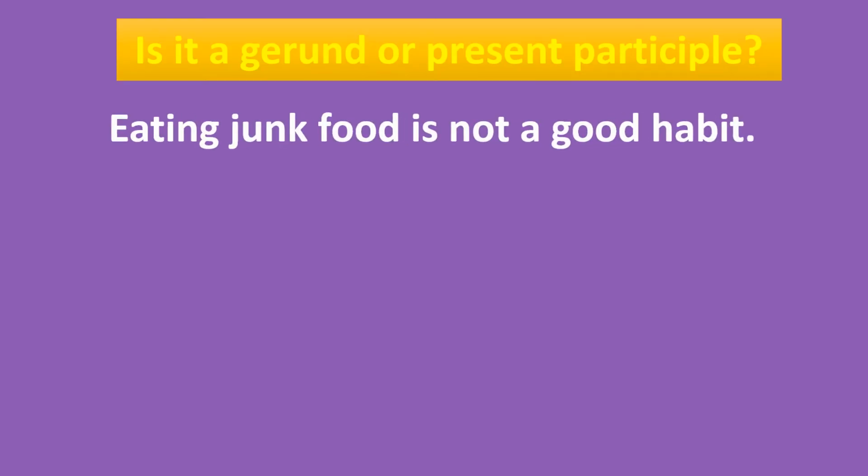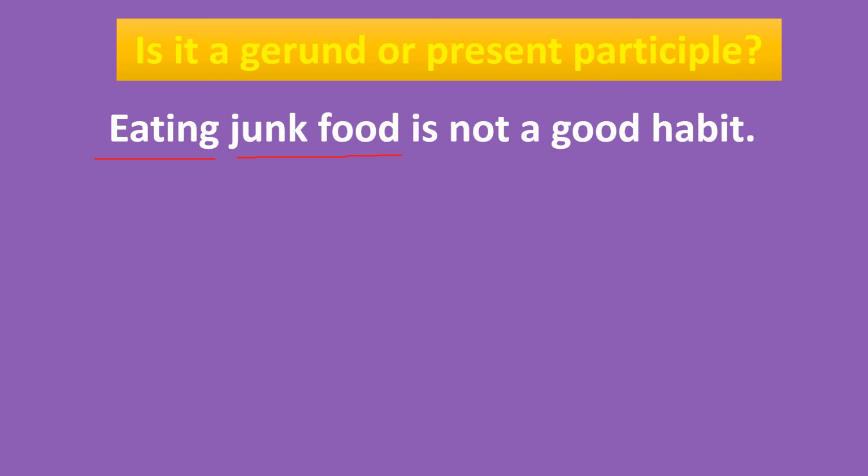Come to the next sentence. Eating junk food is not a good habit. Eating, is it a gerund or present participle? Let's decide. Come to the rule position. Eating is not qualifying junk food here. Eating junk food is not a good habit.